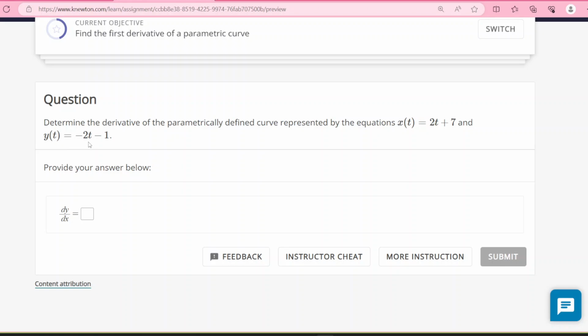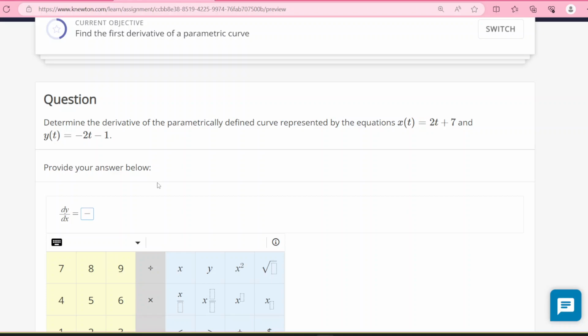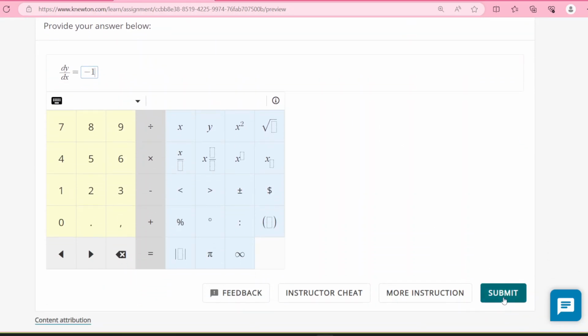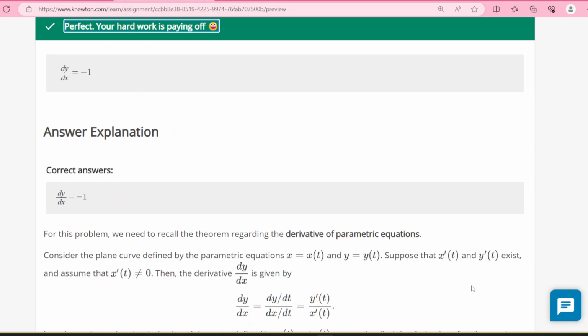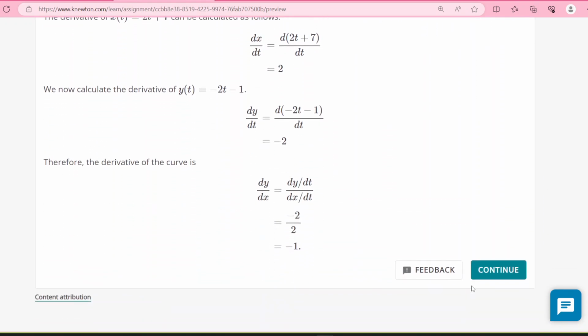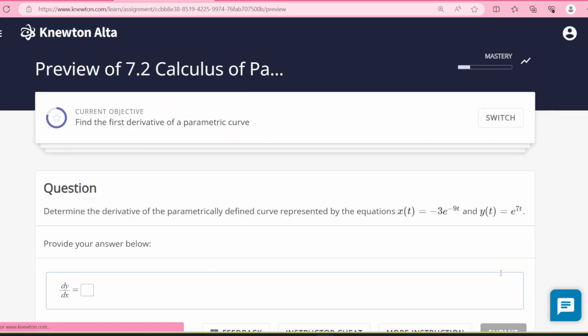So dy/dt is -2, dx/dt is +2, and -2 divided by +2 is -1. The slope of the curve that's described here is always going to be -1. Great.